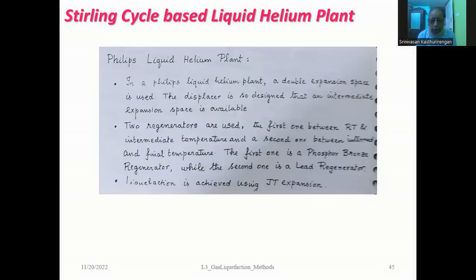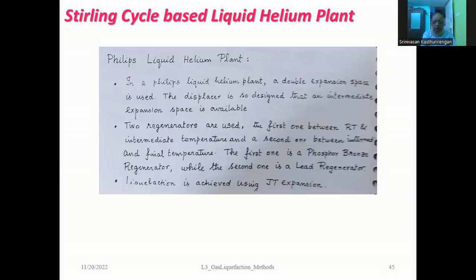Okay, so two regenerators are used in this case. The first one is between the room temperature and the intermediate temperature, and the second is between the intermediate temperature and the final temperature. The first one is normally a phosphor bronze regenerator, while the second one is a lead regenerator. Liquefaction is achieved using the Joule-Thomson expansion ultimately.